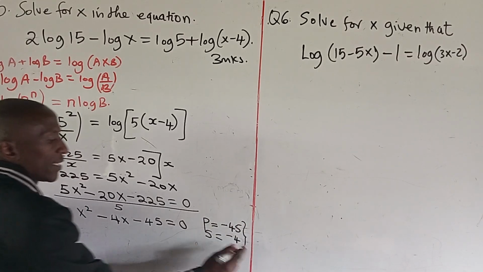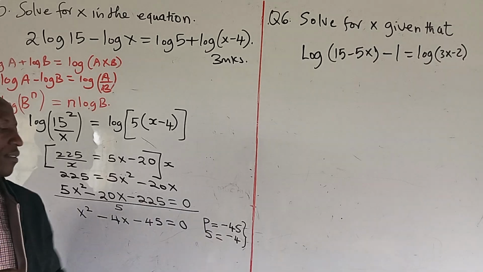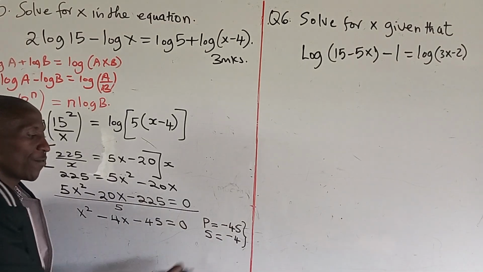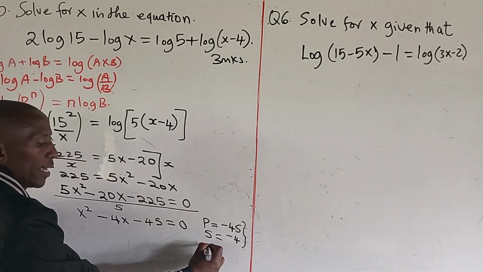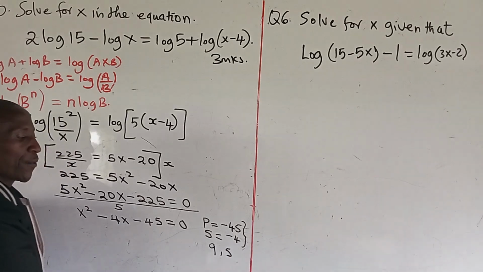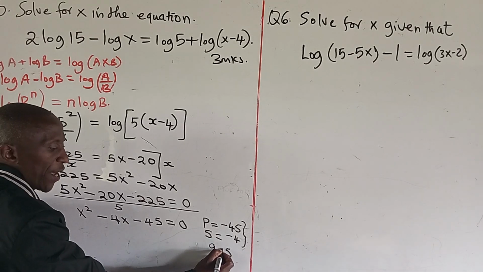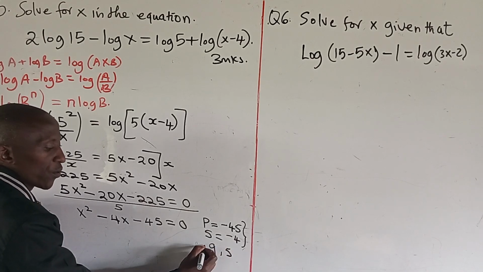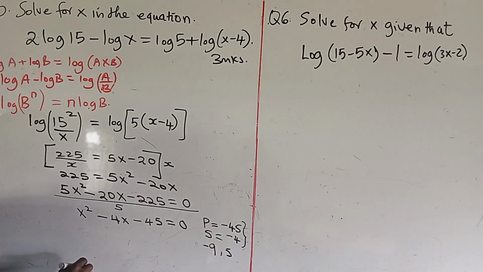Viewers, take time to work out what are these two numbers whose product is negative 45, whose sum is negative 4. And this gives us 9 and 5. Then we think, which one will be negative? If I put a negative 5 here, when I add this, the sum will be positive 4. So 9 takes the negative.